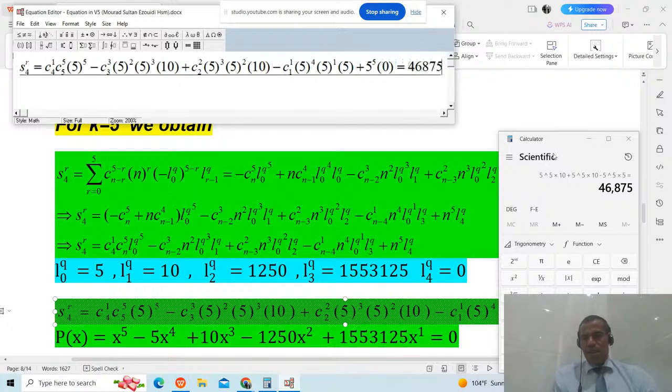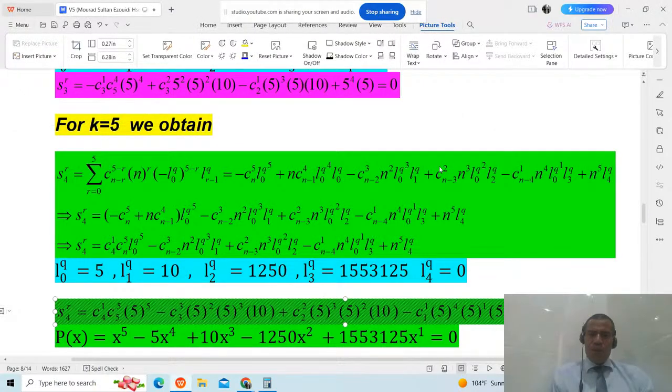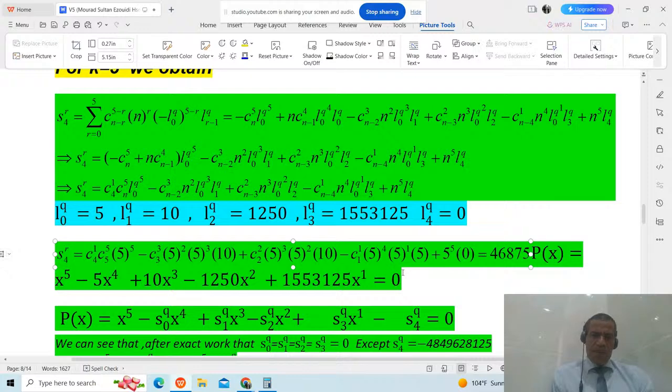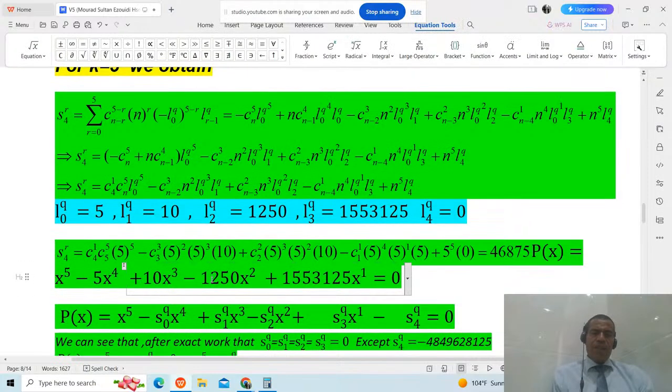Again, 4, 6, 8, 7, 5. Therefore, I got this one. Now I will close this. So all the values here, of course, for my polynomial are that. This is minus 10. And this one is 5.